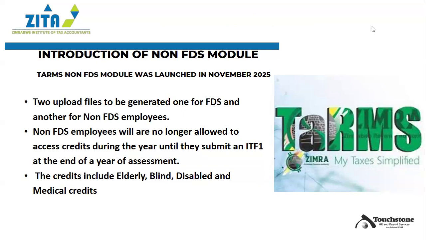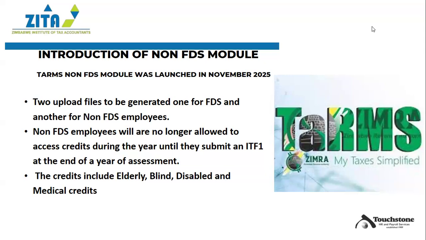So, for instance, if you had the elderly person's credit because you are 55 years or more, and you decide to change jobs from one company to another, once you join the new company, you can no longer access that elderly credit until the end of the year. Honestly, to us, this is a bit of a surprise. And in fact, the logic isn't very clear why they decided to do so. Yet an employee is still 55 years or more and should enjoy that credit, even though they have moved from one company to another.